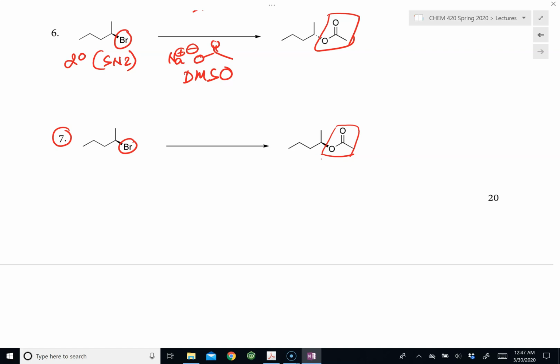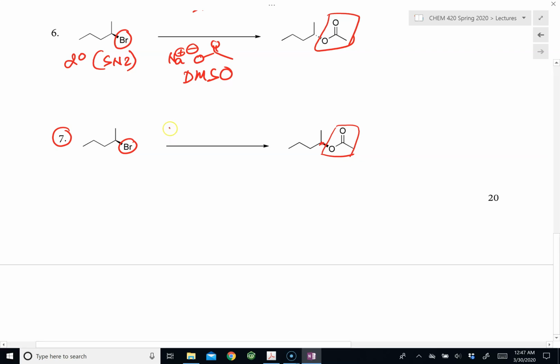In this case, if we were to do only one substitution reaction, the product would have the inverted stereochemical outcome. So to get it back to the right stereochemical outcome, we have to perform two SN2 reactions.